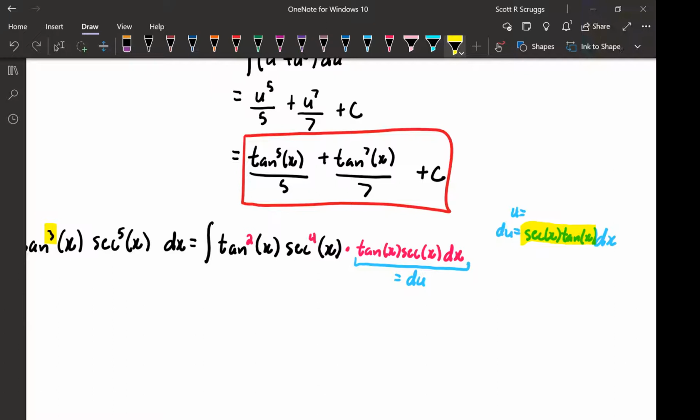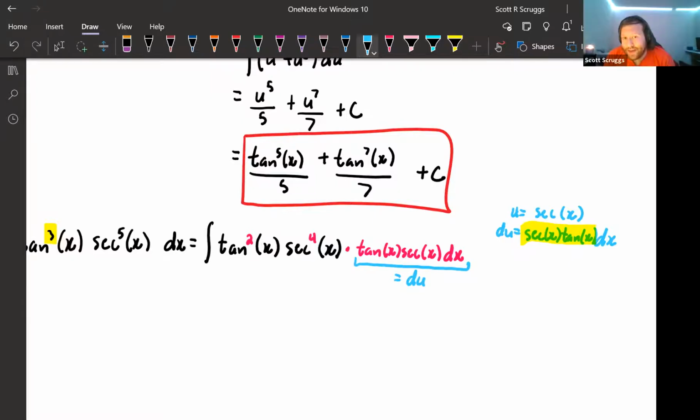Secant squared or secant? Just secant, right? Just secant. So that means because I set that as my du, I want u to be secant. Well, that's good to go. That would be du. That's good to go because that will be u.